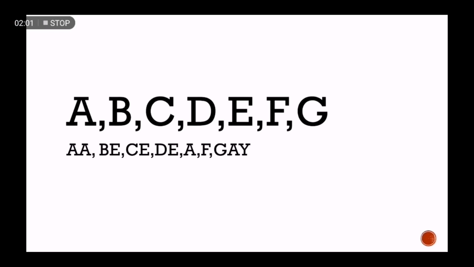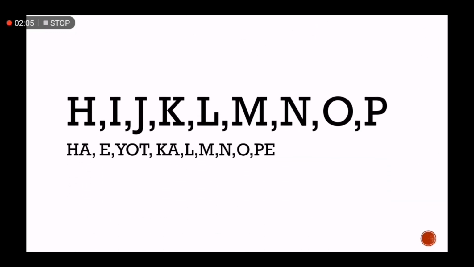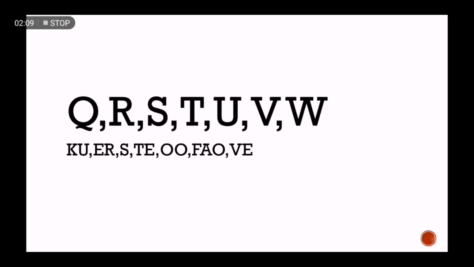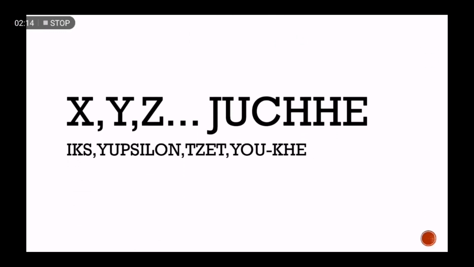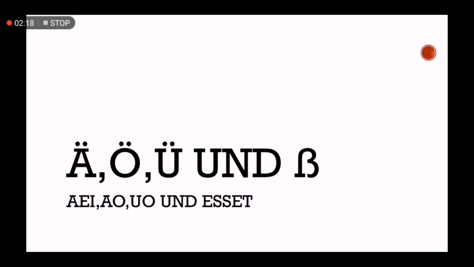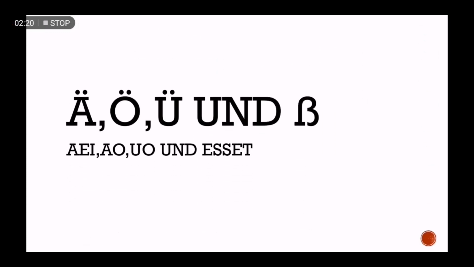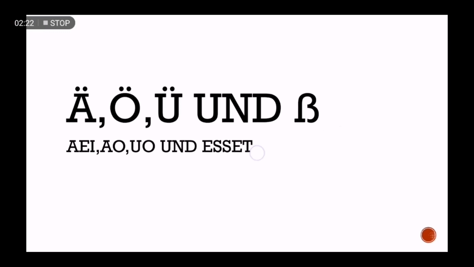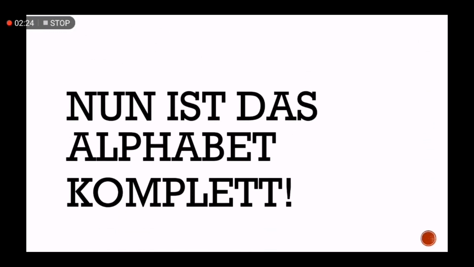A, B, C, D, E, F, G, H, I, J, K, L, M, N, O, P, Q, R, S, T, U, V, W, X, Y, Z, Ü, H, E, Ö, und ß, Z. Nun ist das Alphabet komplett.